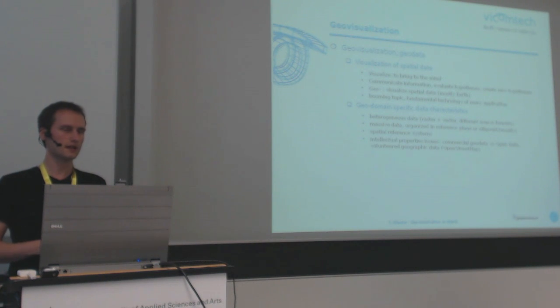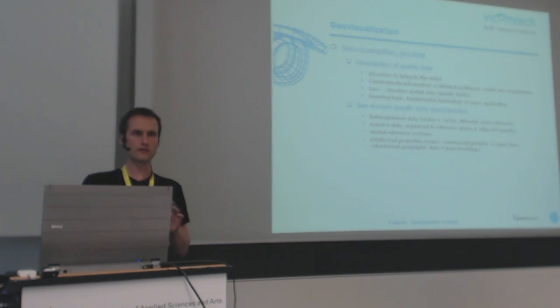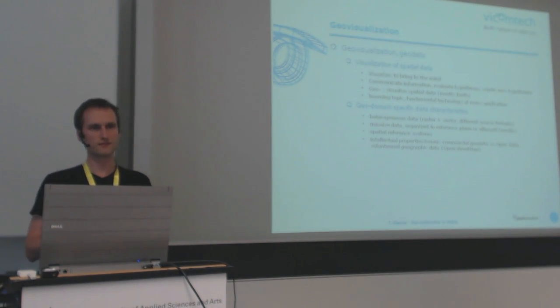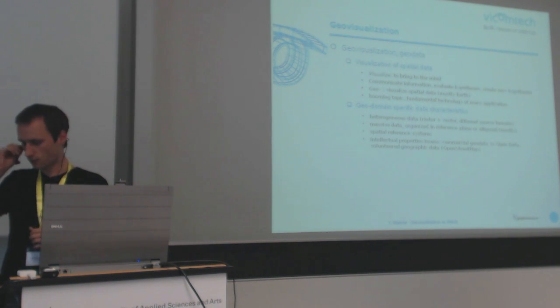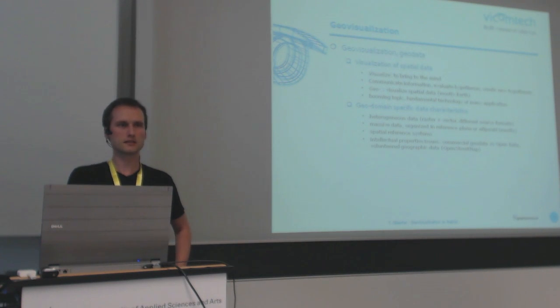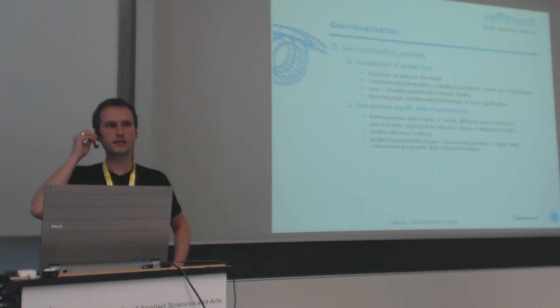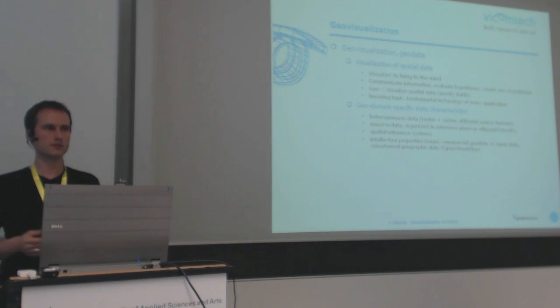Another characteristic is that these have spatial reference systems. And then there are intellectual properties. On the one hand, we have commercial data providers which are quite picky about not releasing their data for free.